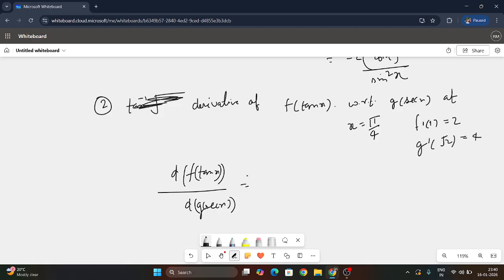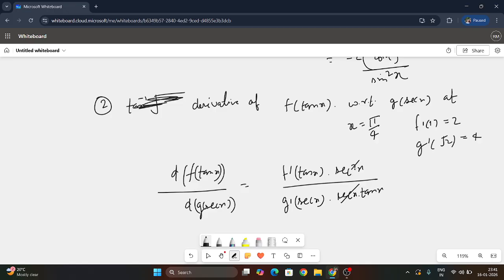First differentiate this, and that is going to be f'(tan x), and the differentiation of tan x is what? Sec square x, divided by g'(sec x) into the differentiation of sec x, which is sec x into tan x.